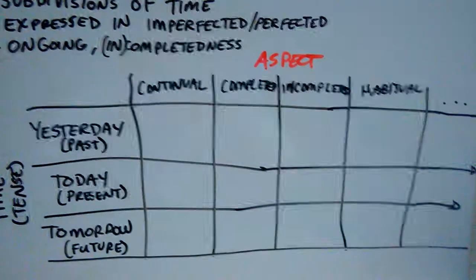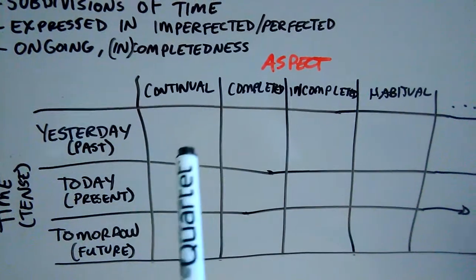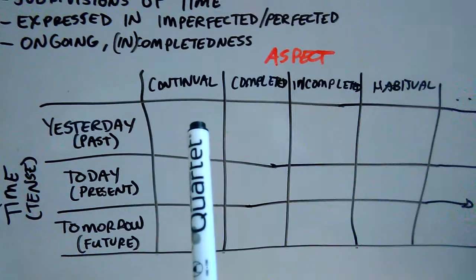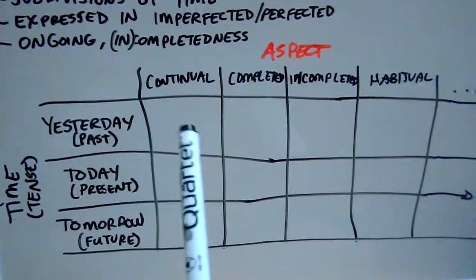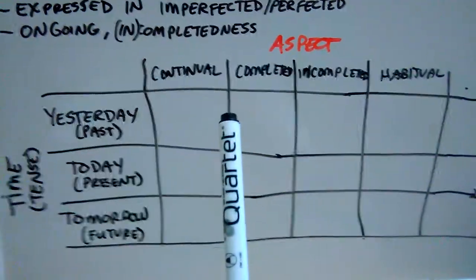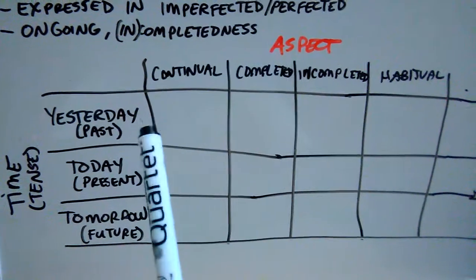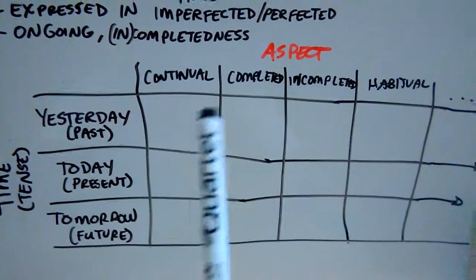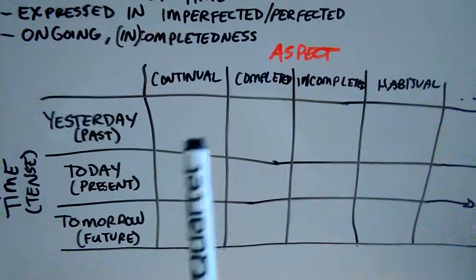If I wanted to express it in the past, I'm going to be thinking about the verb to eat in the past, right? So let's talk about the first person singular, I. If I want to conjugate it in just a simple past tense, it's I ate.